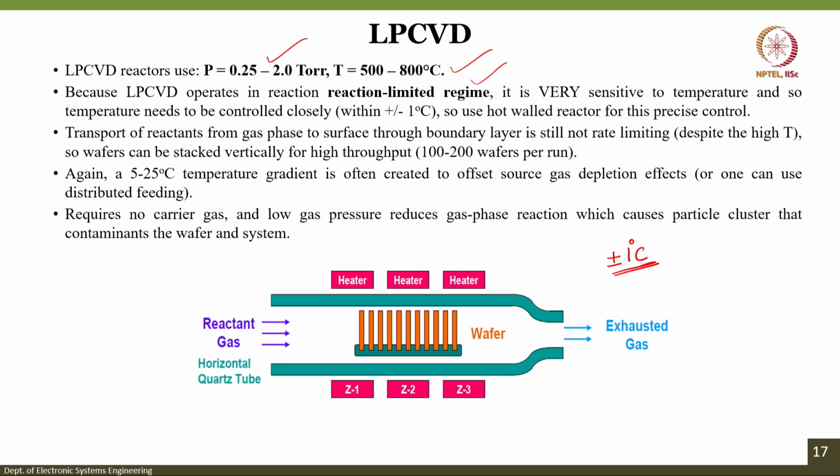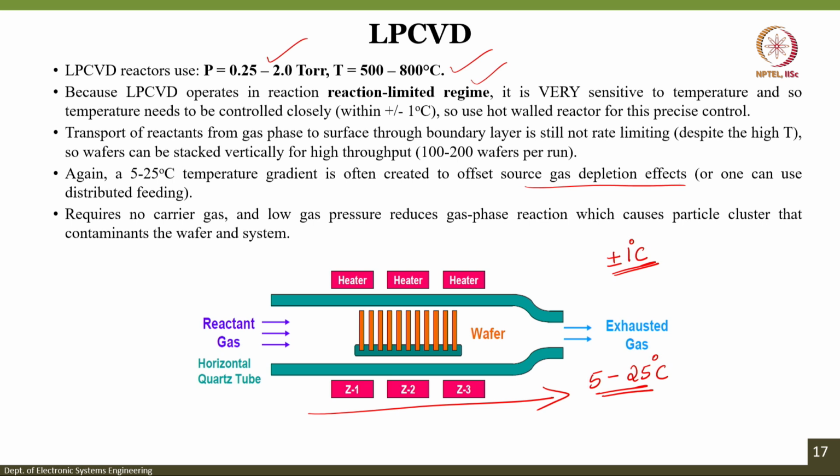Then also I have told about the existence of a boundary layer as well as the depletion of source or precursor molecules throughout the length of the chamber. So you can see that in a LPCVD reactor, throughout the length of the reactor you have a temperature gradient. For example, around 5 to 25 degrees Celsius of temperature gradient is maintained, to compensate for the source gas depletion effect.